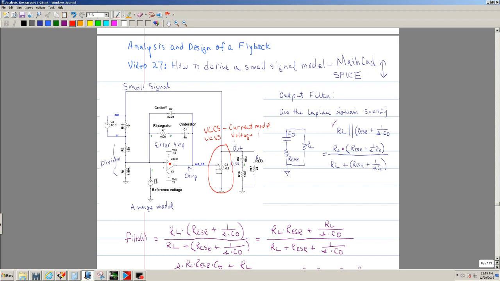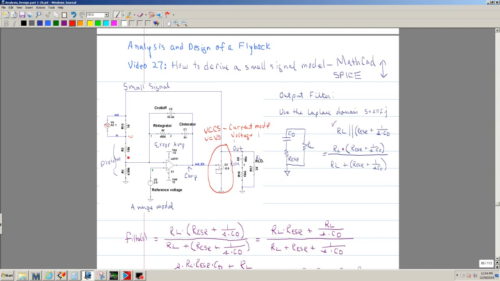So when you're doing the loop analysis, what you're doing is putting an external source. In this case, you inject a signal, and here is your signal. Let's start here. We'll call this the input.